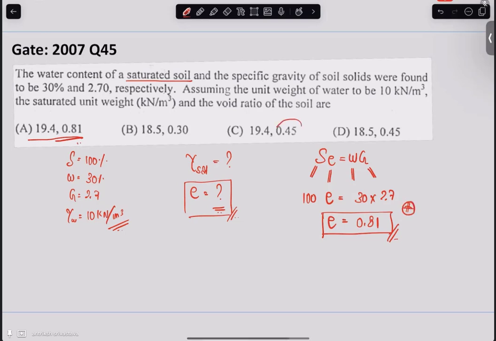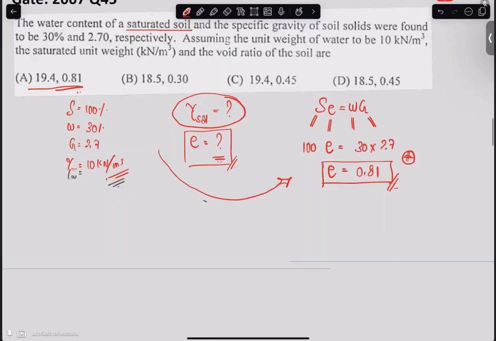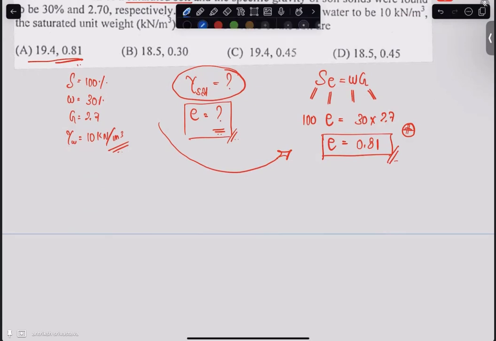You may get confused by looking at 0.45 two times and go back and cross check your calculations again, but eventually you will realize that the correct e value is 0.81 only. So you can get away by not even solving the second part of this question. But still, for completeness, we are going to solve it.